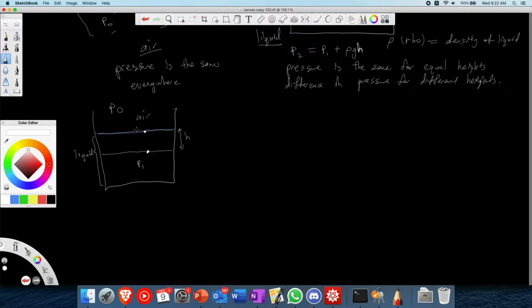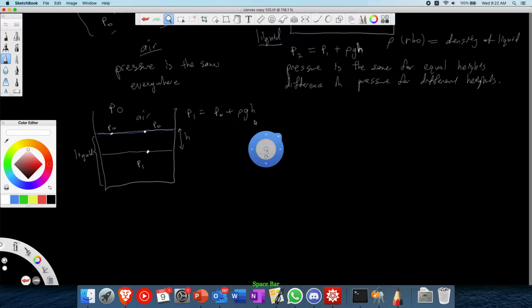So what is the pressure at the surface? It turns out the pressure at the surface of the air-liquid interface is P naught. So in the end, P1 equals P naught plus rho gh. And that makes sense, right?